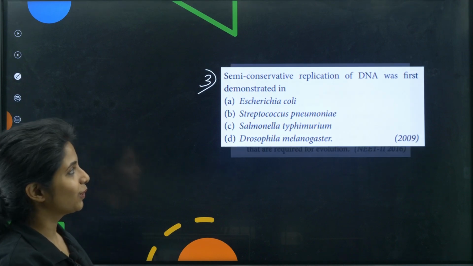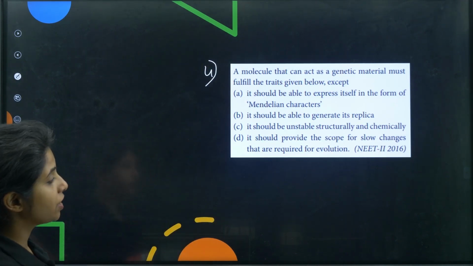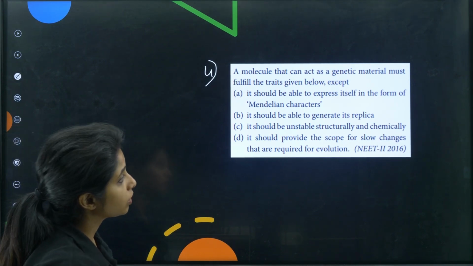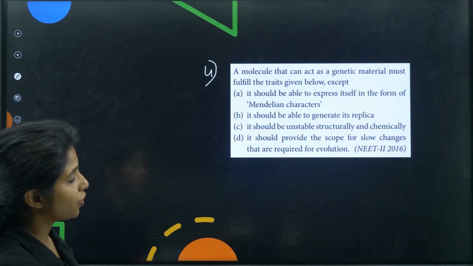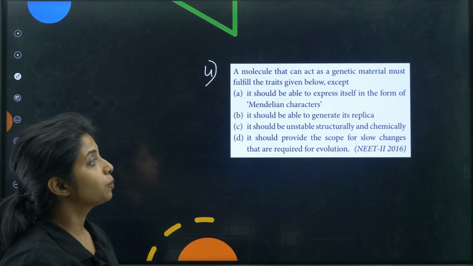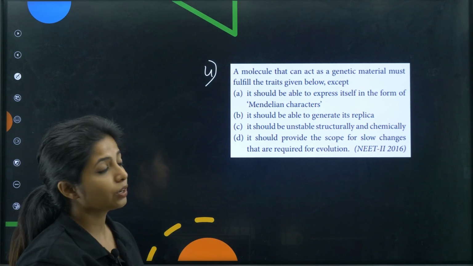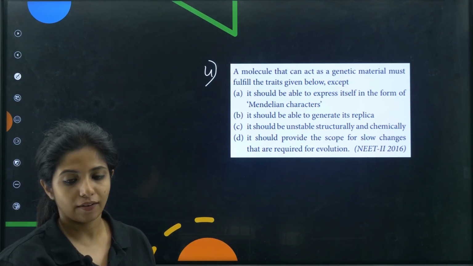We did it now. Okay. Fourth one, a molecule that can act as a genetic material must fulfill the traits given below, except it should be able to express itself in the form of Mendelian characters, it should be able to generate its replica, it should be unstable structurally and chemically, it should provide the scope for slow changes that are required for evolution. Easy question, no? This is very easy, you can write out.